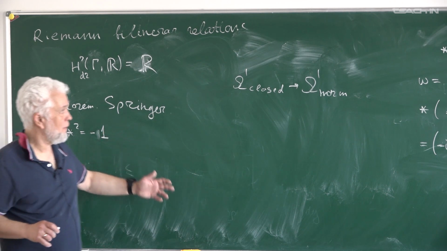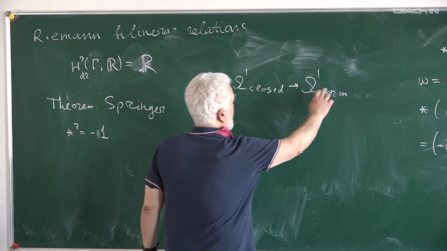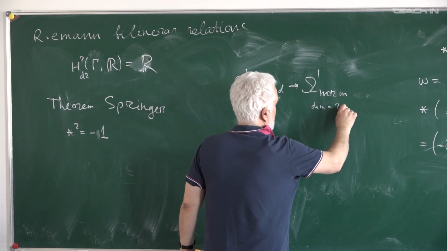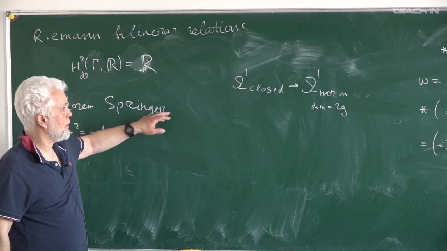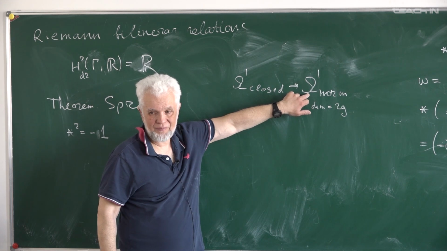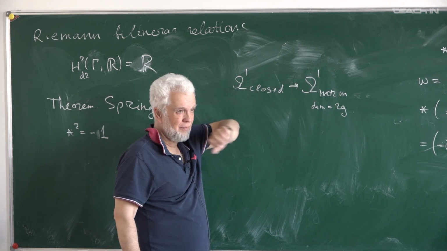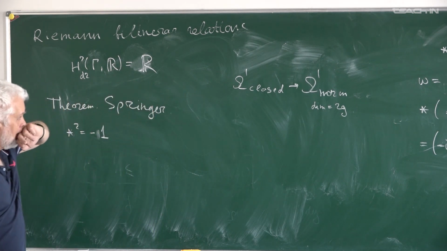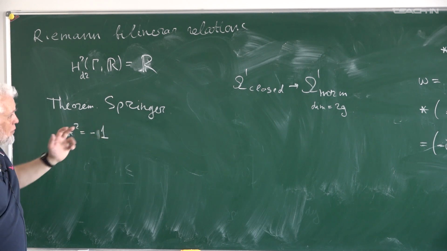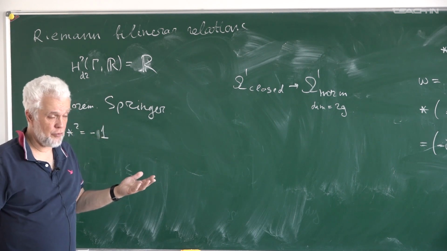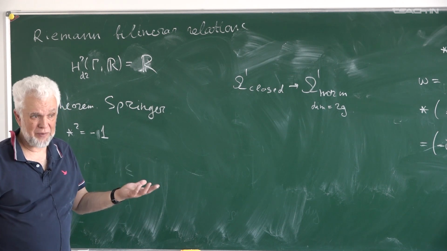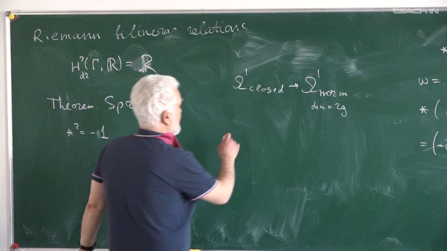So this space has dimension 2G, and the operator star acts on harmonic forms. Then we have dimension G. And of course, we have complex conjugation of the forms, which maps eigenvalue I to eigenvalue -I. So we have two spaces.